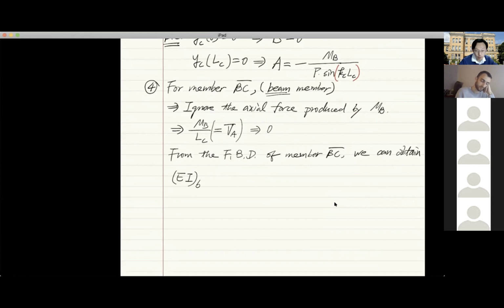Now this time it is for the beam, not the column, so we should call it EIb times Yb double prime, because now we are not considering deflection of the column, we are considering deflection of the beam, minus MB must be 0. This is from summation of moment equilibrium.